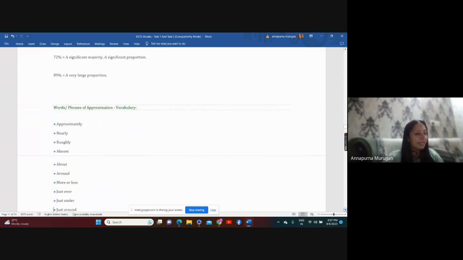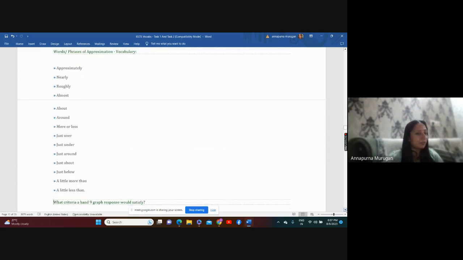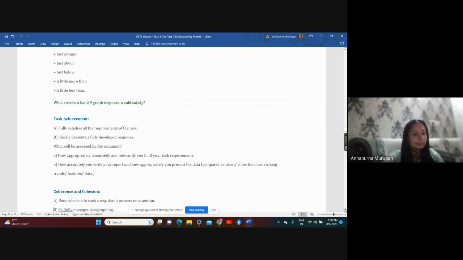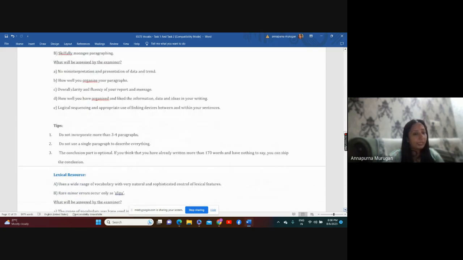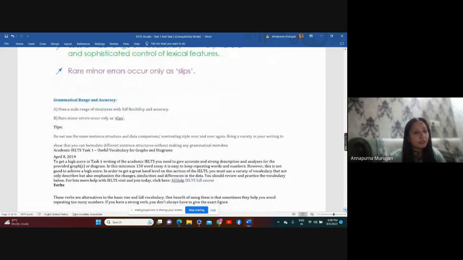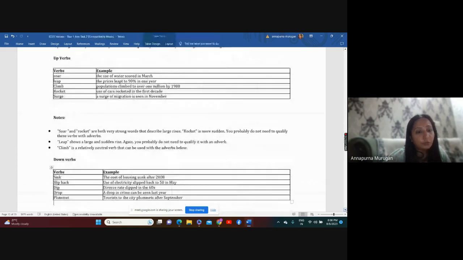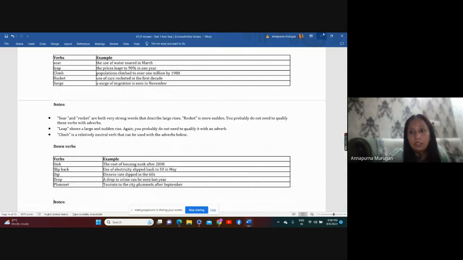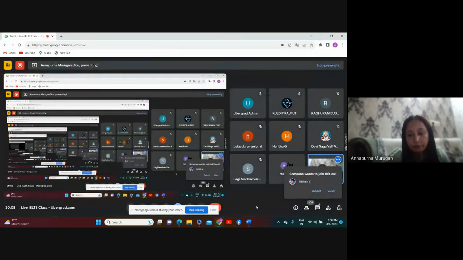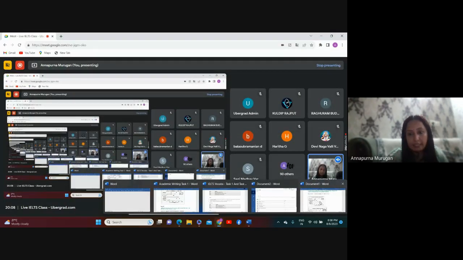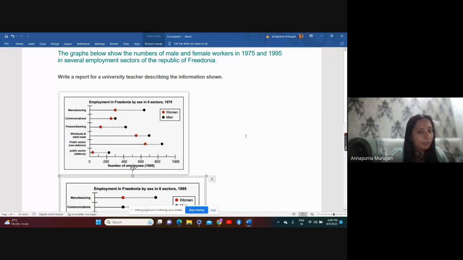Also, adjectives and adverbs that you can use to make your writing more beautiful are approximately, nearly, roughly, almost, about, around, more or less, just over, just under, just around, just about. So these are the lexical resources that you can use. I'll be sharing this with my team, and my team will be sharing it with you guys.